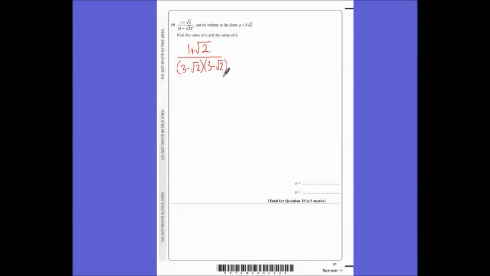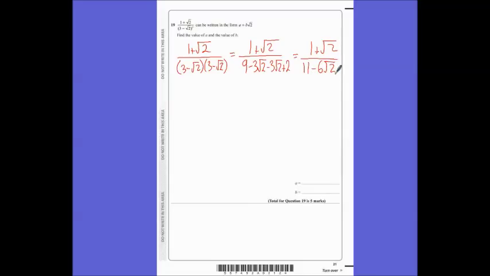Now, multiplying that out, again the top would not change, so we'd have 1 plus root 2 on the top. But multiplying that out, 3 times 3 is 9. 3 lots of minus root 2 would be minus 3 root 2s. Again, another minus 3 root 2s. And root 2 times root 2 would be plus 2. And if we simplify that through, that's 1 plus root 2 over 11 minus 6 root 2.